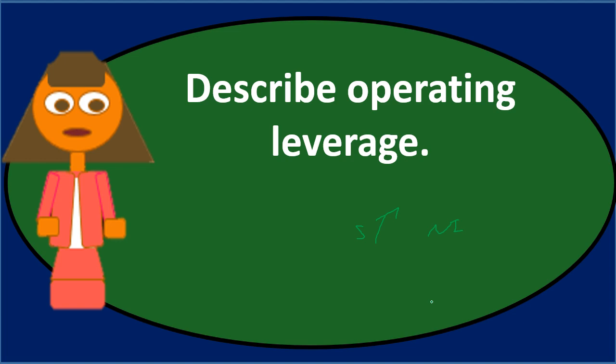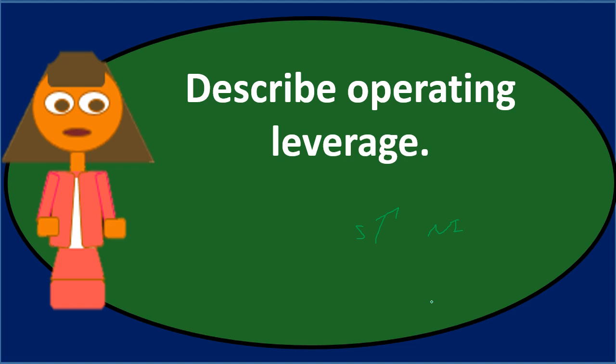If you're talking about something like a movie theater, and your major cost is just paying the rent on the facility, then if you have one person in the movie theater, you still have to pay most of your costs just for running the theater anyway. Or if you have 100 people in the movie theater, it still costs basically the same amount to run the movie.